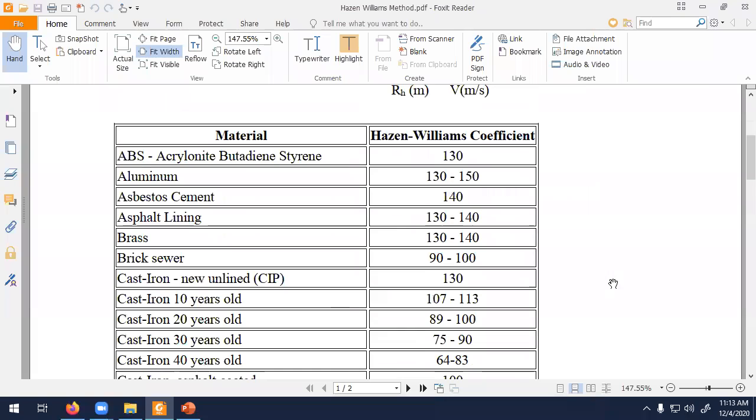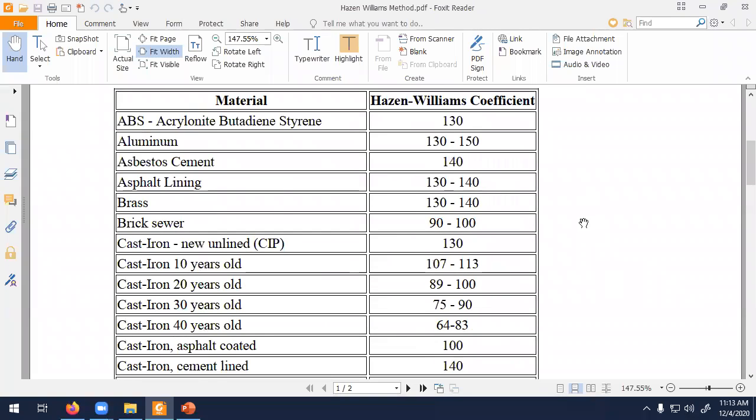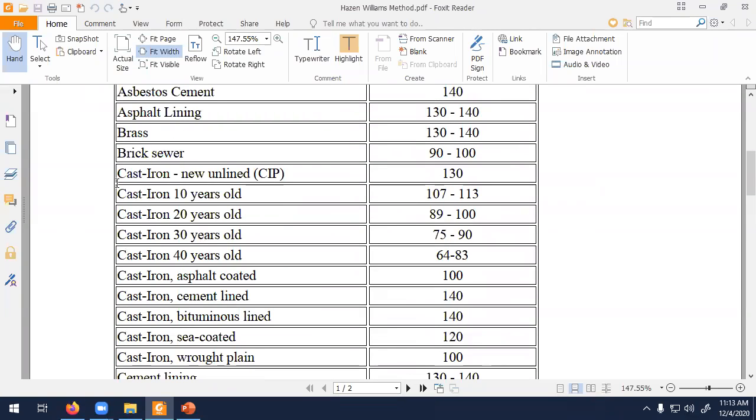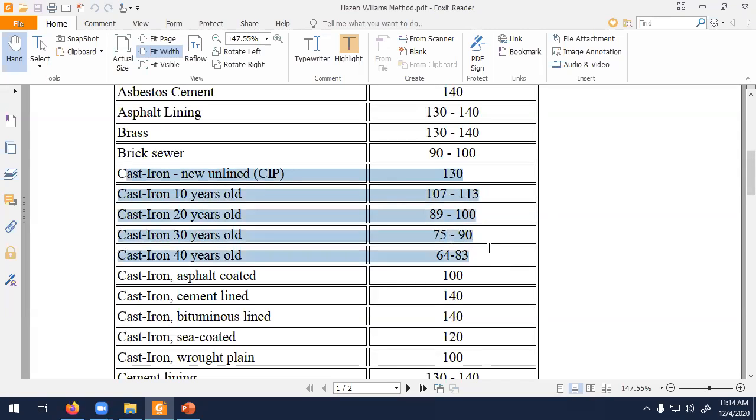you see Hazen-Williams roughness coefficients. The interesting thing, if you look on these rows where you have cast iron pipe of different ages, from new to 40 years old, what you see is as the pipe ages and the inside corrodes, which means the relative roughness is getting larger, the Hazen-Williams coefficient gets smaller.